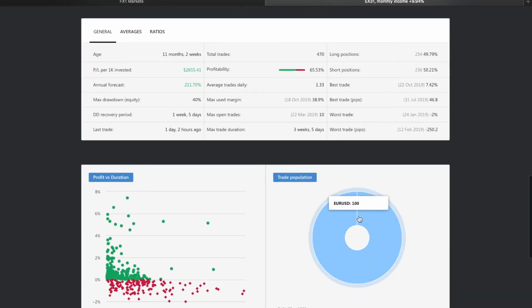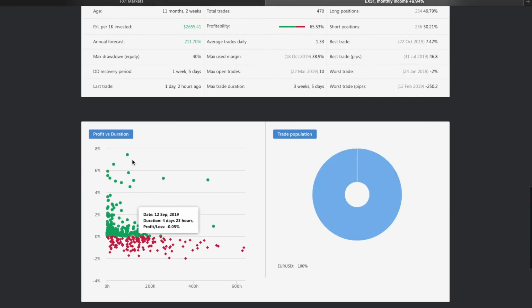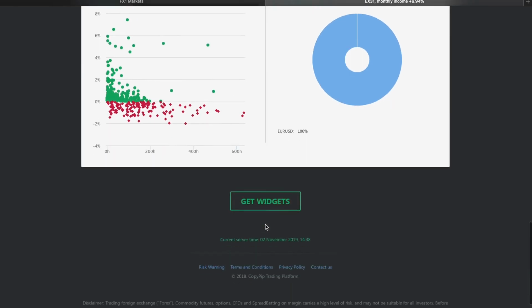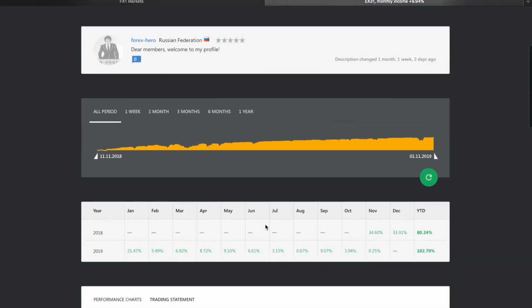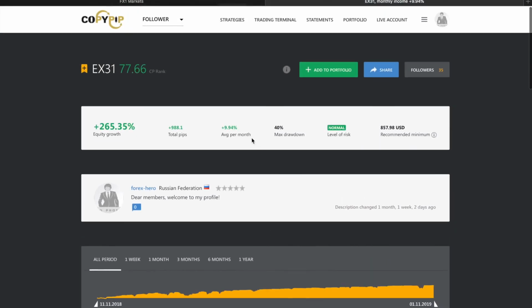So more information, this trader is trading only Euro USD, which is good, and you can see how long he keeps a trade, maximum 3 weeks and 5 days. Okay, I might decide to give some percentage of my account, my funds, to this trader, so I keep him on my radar.